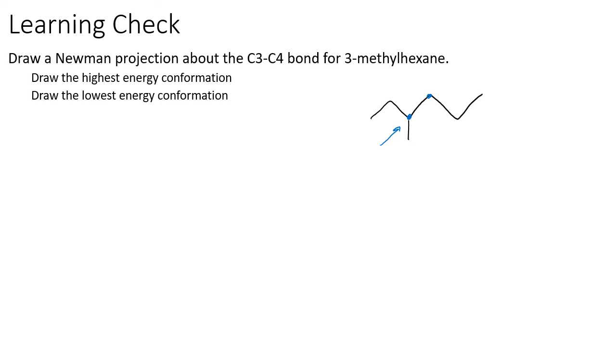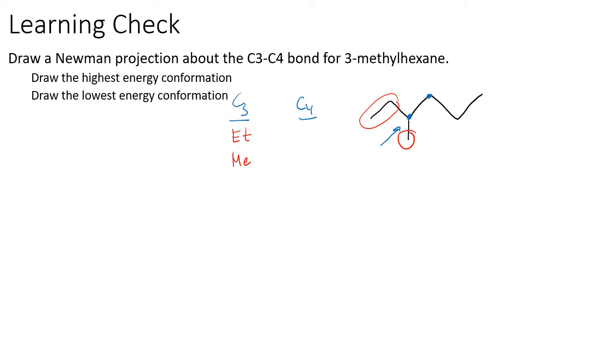So coming off of position number 3 and then coming off of position number 4, we want to list what groups we have. At position number 3, we have an ethyl group, a 2-carbon chain. It's going to be the largest one. So I tend to list them in order, either putting my largest on the top and then working my way down to my smallest, or vice versa, just so that I know. At position 3 next, we have a methyl group. That's a little bit smaller than the ethyl. It only has 1 carbon.